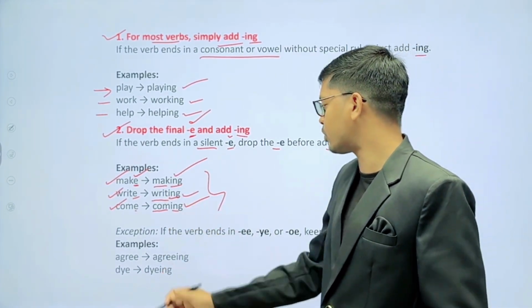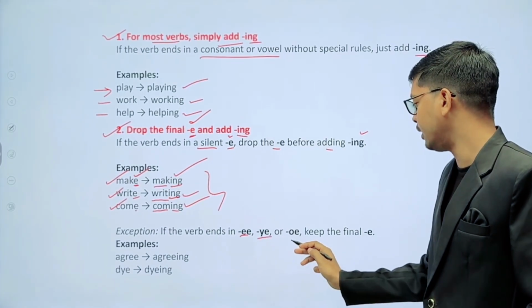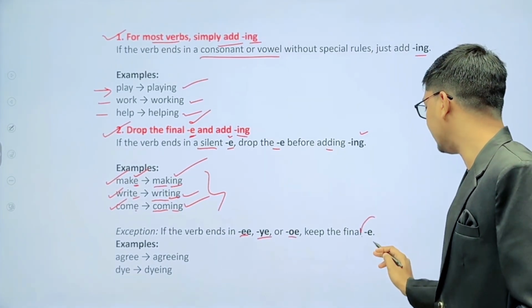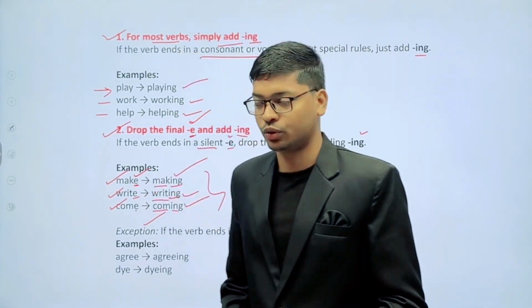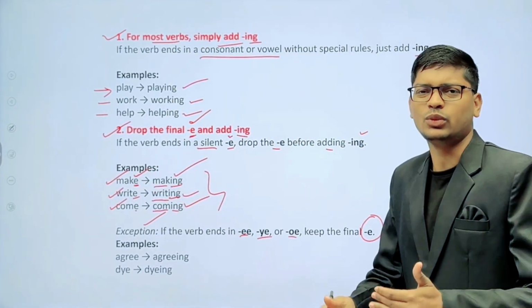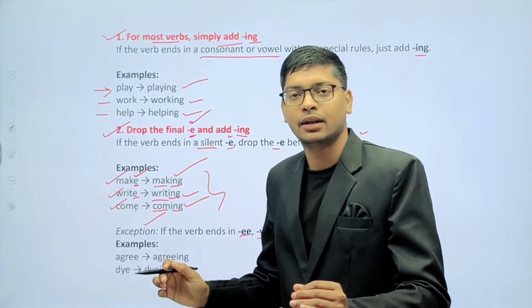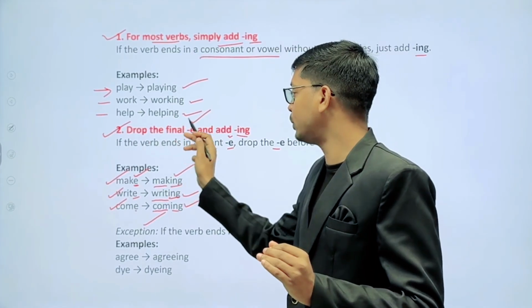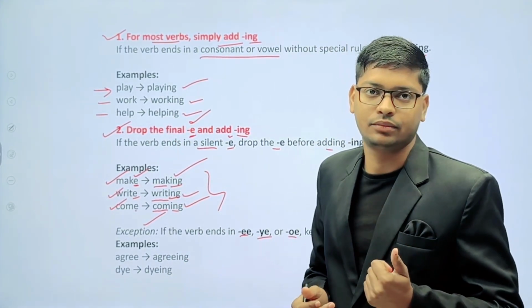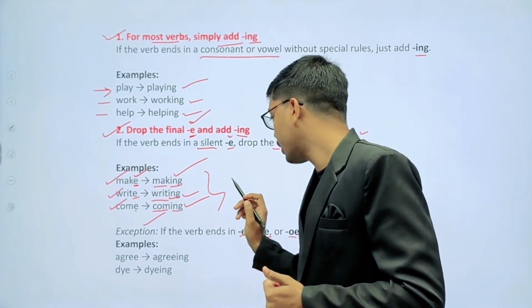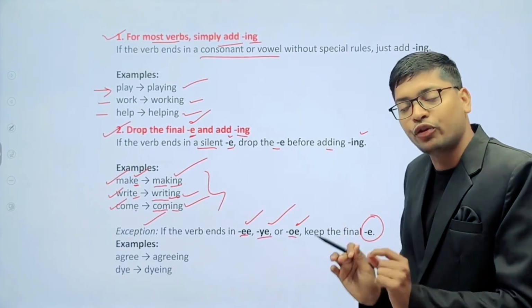If the verbs end in double e, ye, or oe, keep the final e.